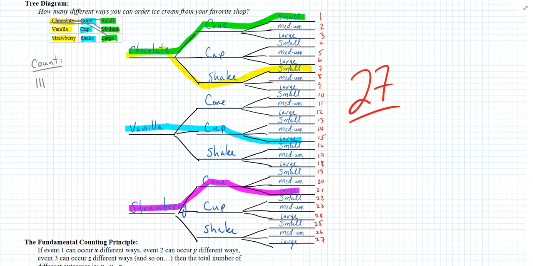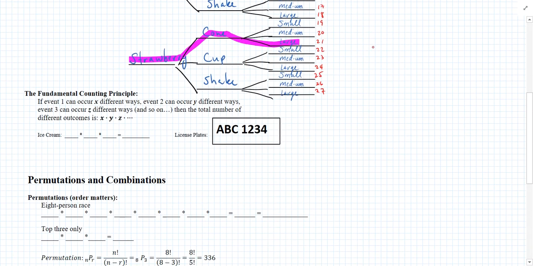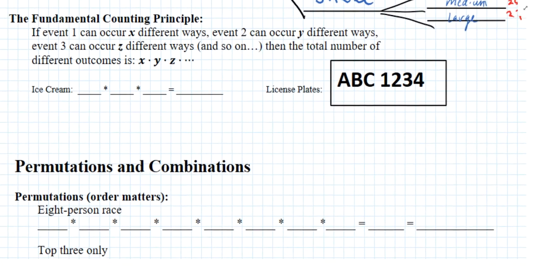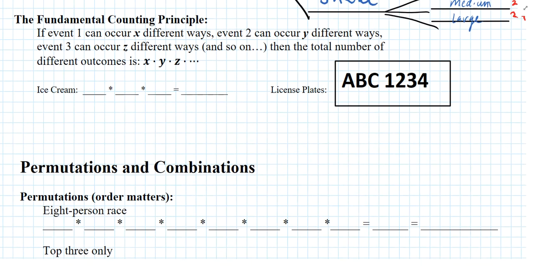You may have also noticed that there is a shortcut for counting these possible outcomes. The fundamental counting principle dictates the number of options for each independent component of a multiple component event should be multiplied together to count the total number of options.